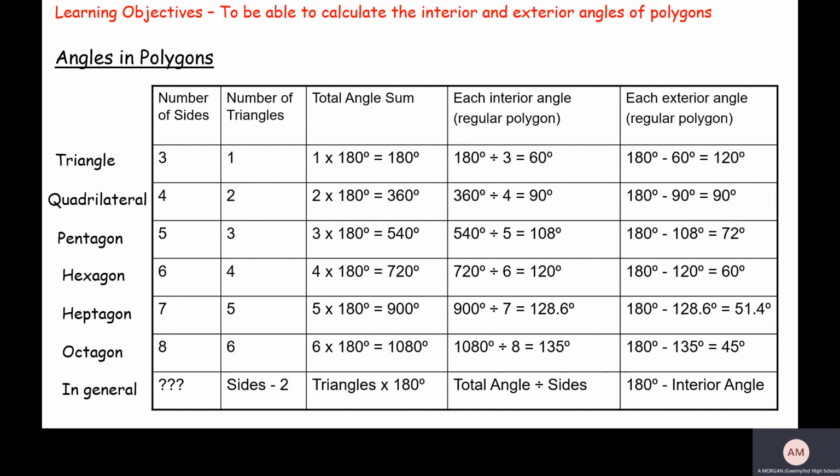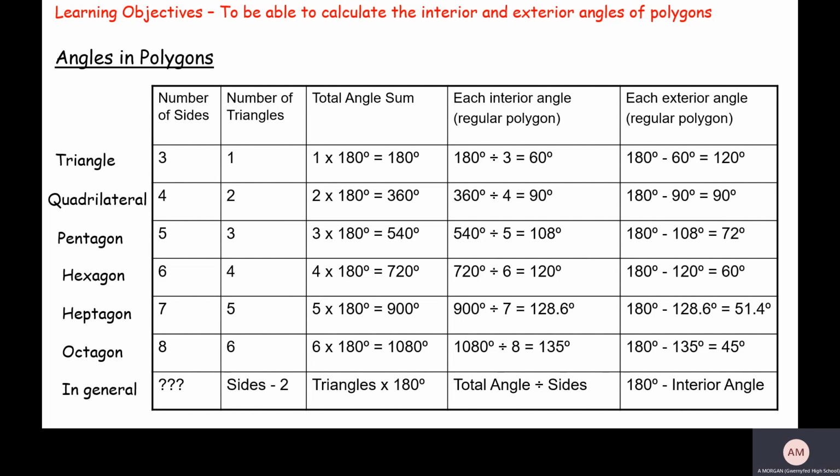And you can see that pattern carries on. So for a quadrilateral, 4 sides, 2 triangles, 2 180s, divided by 4 now for your angle size because there's 4 angles. And same rule, 180, take away my interior for my exterior. And the same thing happens for all of those shapes. And the bottom row in that table, in general, means, well, however many sides your shape's got, take 2 off that number, and that's going to be how many triangles it makes.